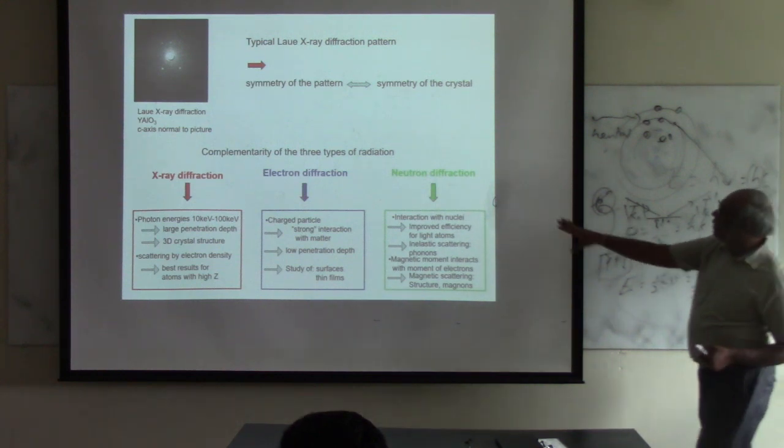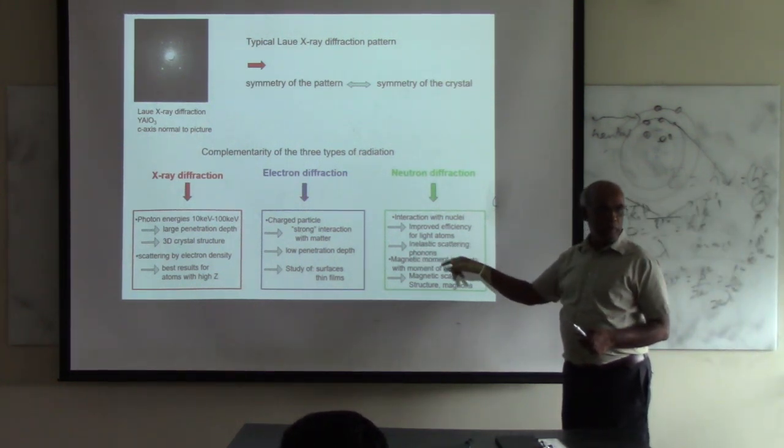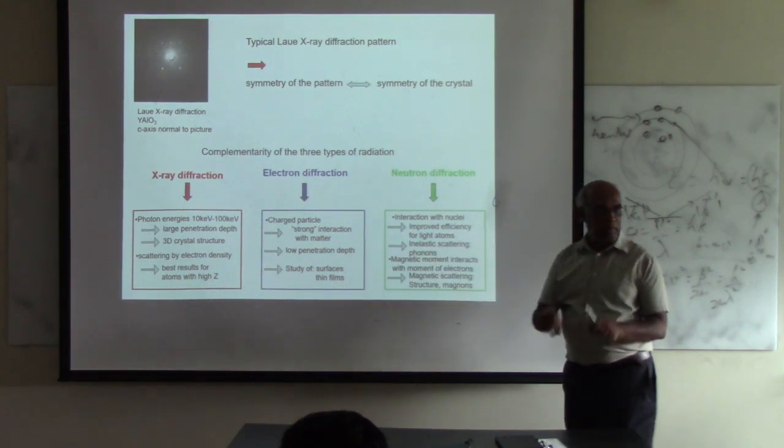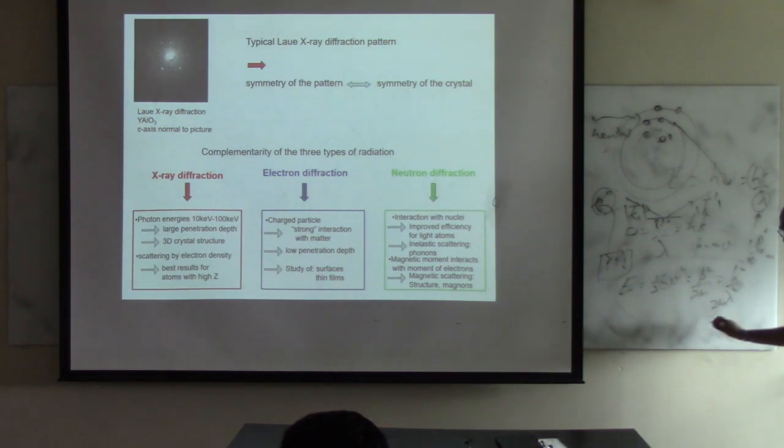So the neutrons are very important to study inelastic scattering because they interact with something called the phonon. That's the next chapter we are talking about. Because so far we are talking about a lattice where your atoms are in equilibrium, right? But ideally that's not the case.